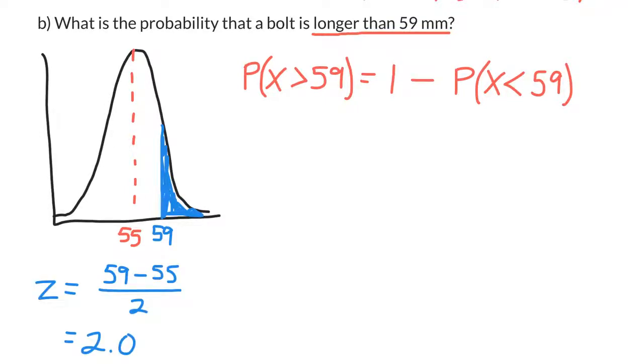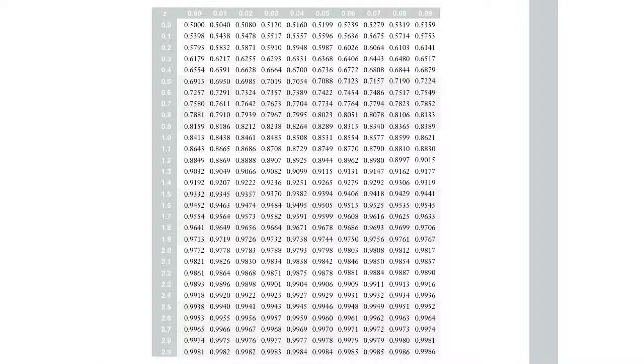When I figure out my z-score, I get a value of 2. So when I look at the second page of my z-score table, I find there's 2, and it's 2.0 with no other decimals, so that's my probability right there, 0.9772.